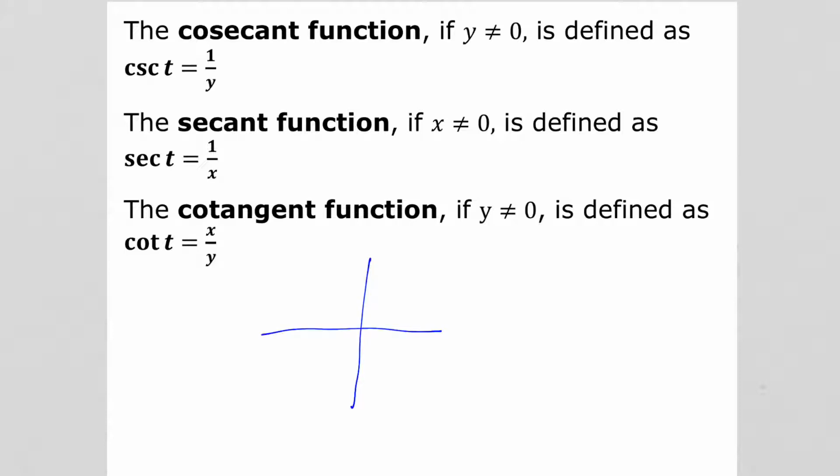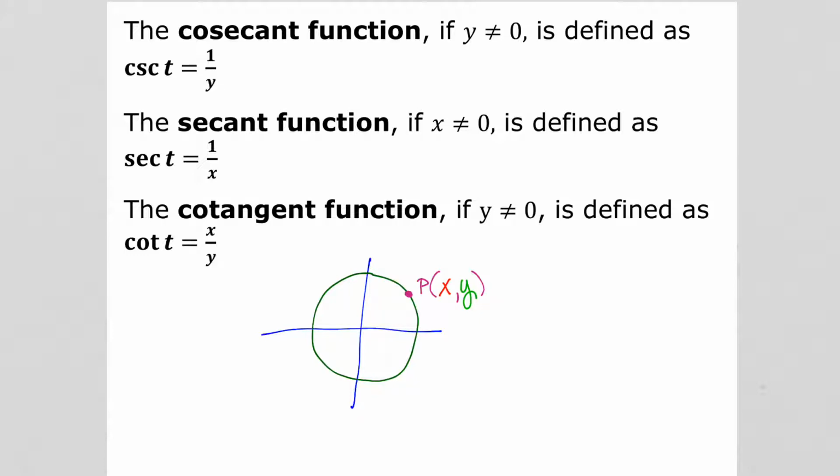If we have our unit circle, and we have the point P, and I'm going to call the point P (x, y), then the sine function is y. The cosine is x, and this is just on the unit circle with a radius of r.